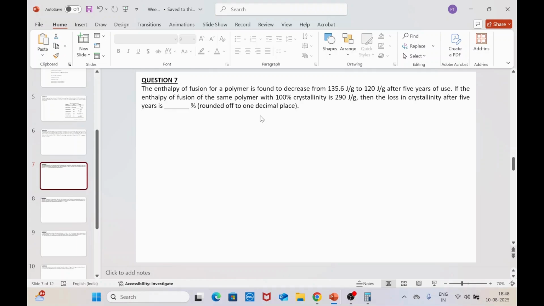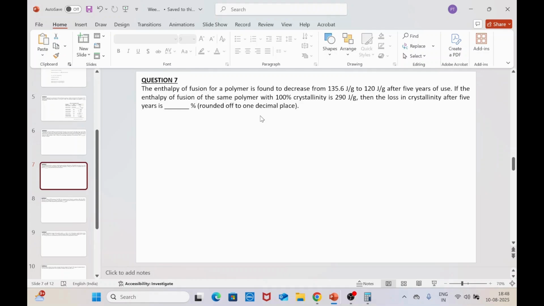Any material that you take ages, and as it ages the properties tend to vary. In the majority of cases the property will degrade with time. That's what is depicted here: the crystallinity has reduced because the enthalpy of fusion value has decreased. So we are asked to calculate the loss in the crystallinity after that 5-year period.